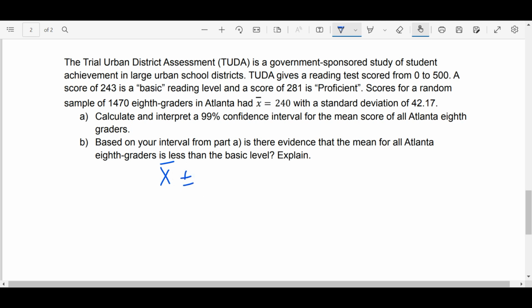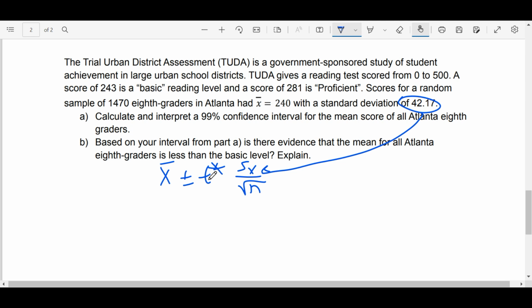Sample mean plus or minus all of this. If you were to put this part in your calculator, your n is 1,470, with the sample standard deviation right there. Then you have to calculate this part, just like we did in the previous section. 0.01 divided by 2 is 0.005.